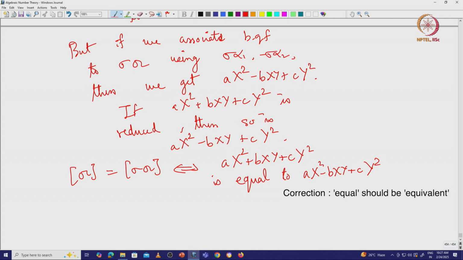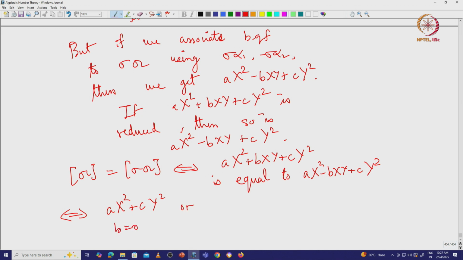So, this happens if and only if they are of the form ax squared plus cy squared, so b is equal to 0, or it is of the form ax squared plus minus axy plus cy squared, or it is of the form where b is whatever it is and a and c are equal.